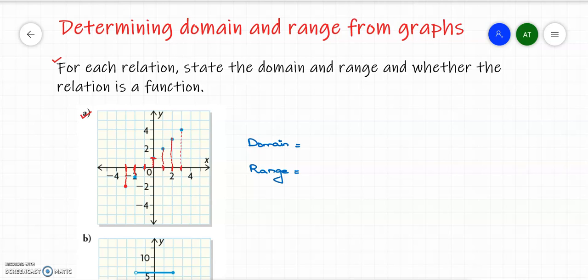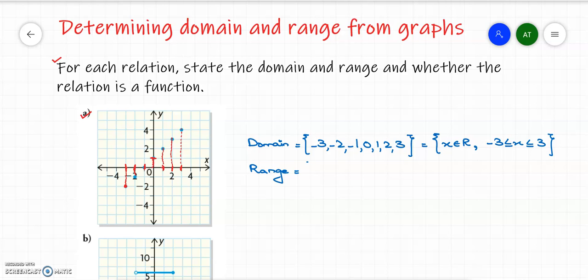So in the domain we have the points -3, -2, -1, 0, 1, 2, 3. Or we can write down the domain in terms of interval notation. Let's say x belongs to real numbers and all the x values that are between -3 and +3 are covering in the domain of this relation, right?